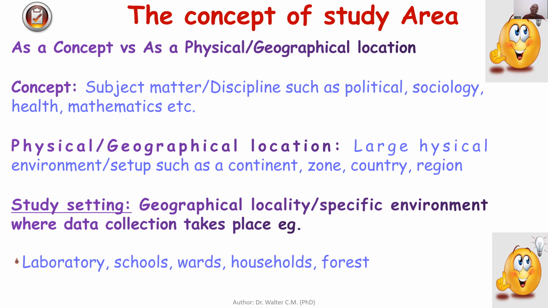The study setting is within the study area. So it's also a geographical locality or specific environment or setup where you want to go and collect data for your research. You see? So this is a study setting. You are broader when you are talking of study area, but very specific when you are talking of study setting.